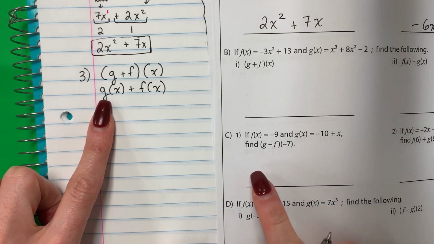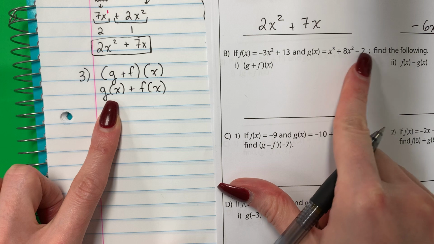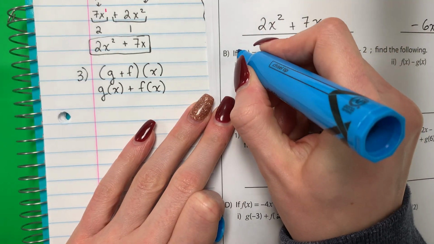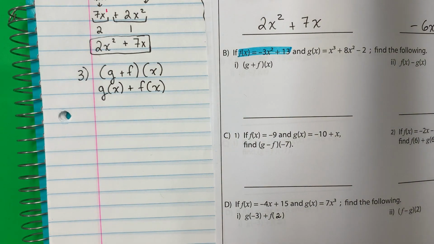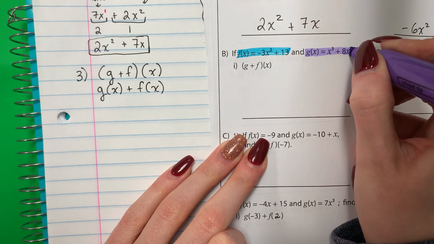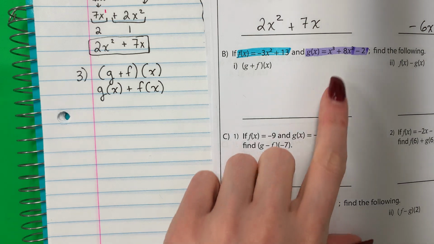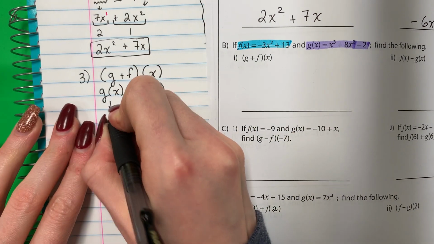So let's go ahead and put the G. So here is F. Here is G. Let me color these so you can see. So here's F. And here is G. So let's go ahead and put the G. Copy it.